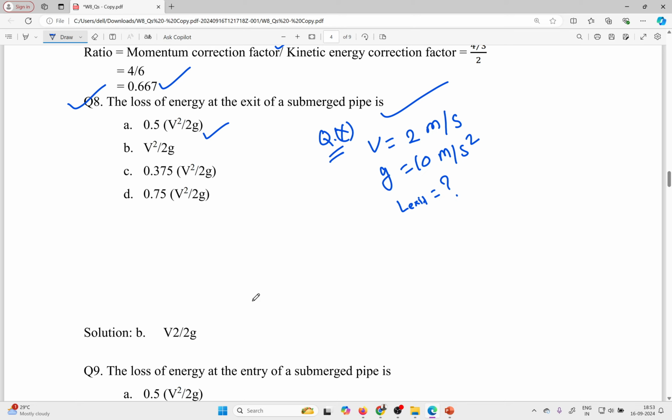So for exit loss, remember please, your formula will be V square by 2g, always remember.